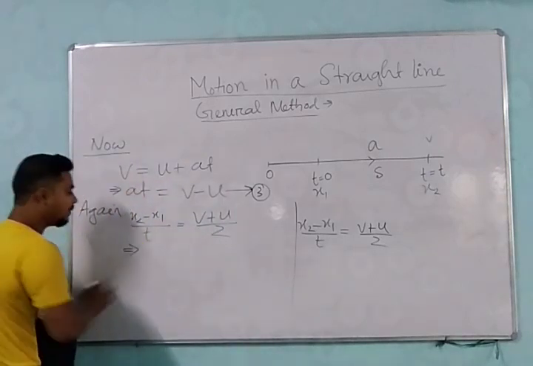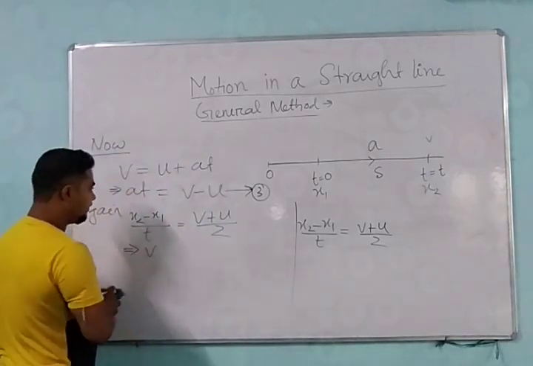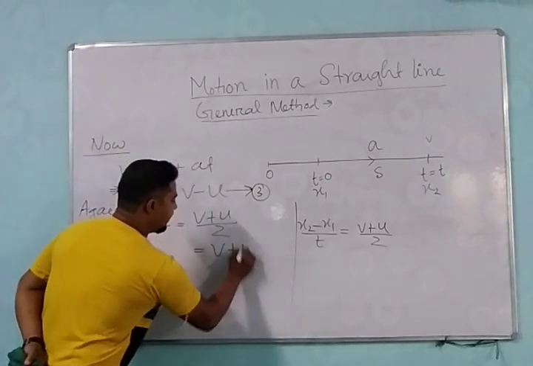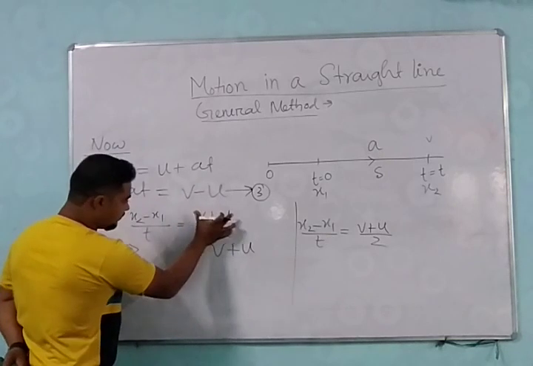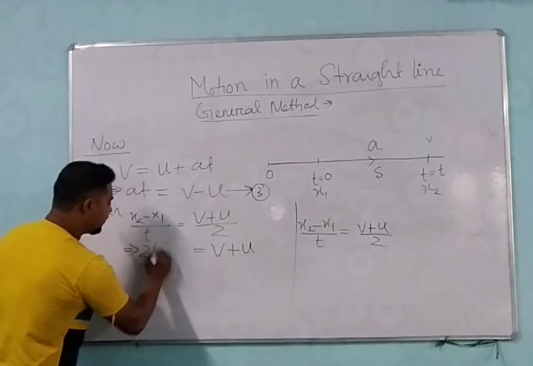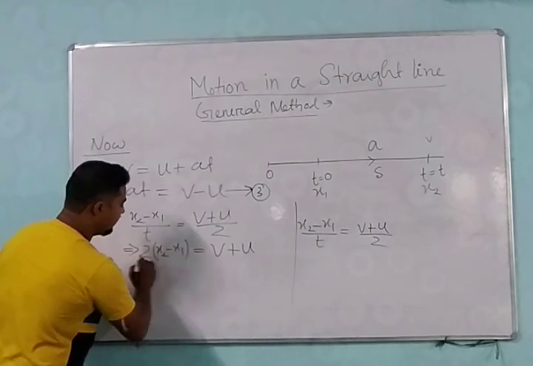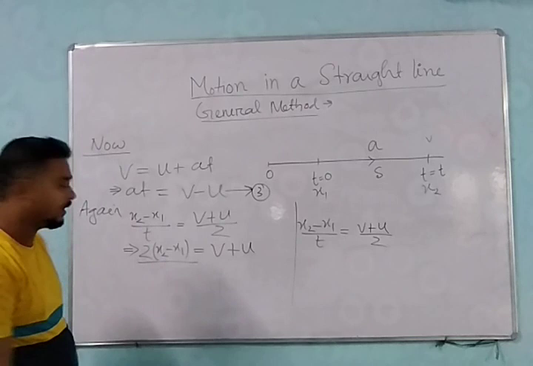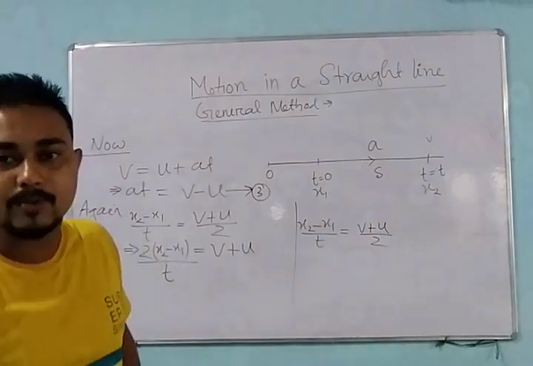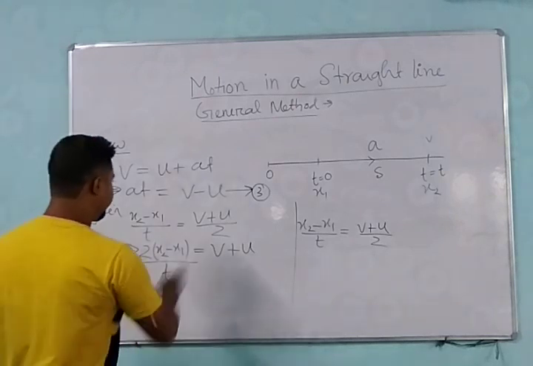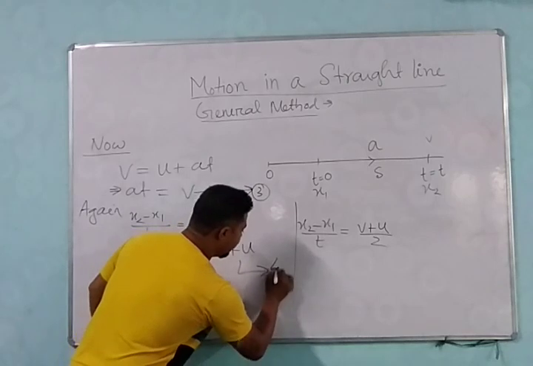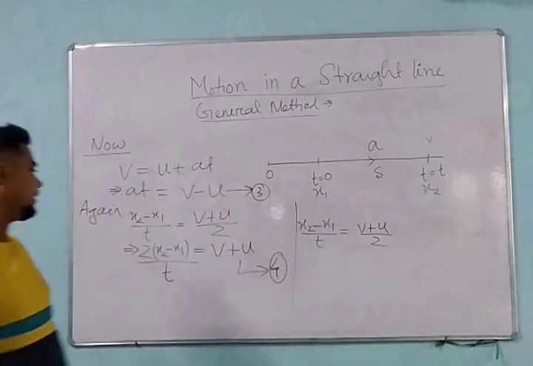Then v plus u will be twice x2 minus x1 divided by t. Let us consider it is the equation number 4.